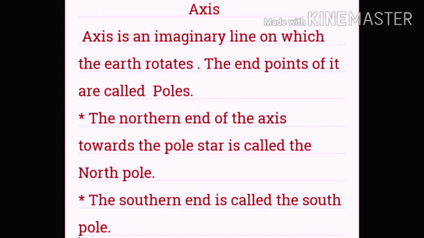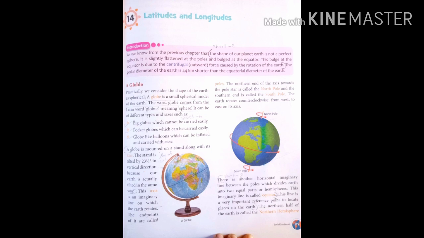Same as earth, the globe is also connected on a stand with its axis on which it will rotate. The stand is tilted by 23.5 degrees in the vertical direction because our earth is actually tilted.